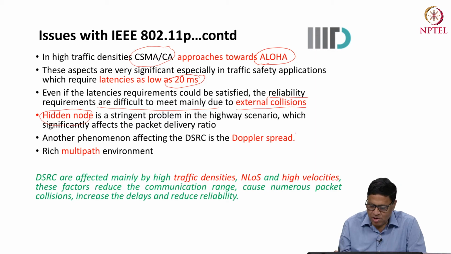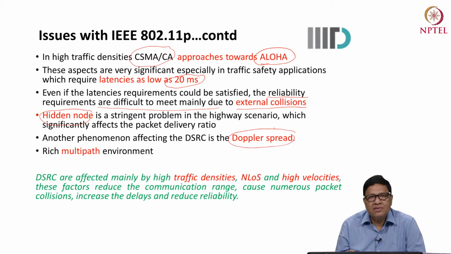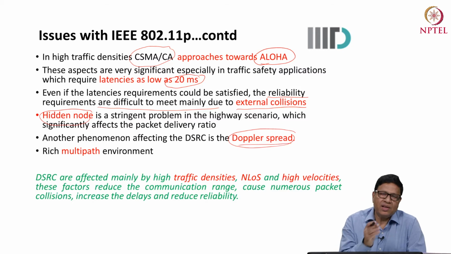Another issue is Doppler spread. Suppose you are using OFDM kind of transmission, then if the vehicles are moving at high speed, it will result in Doppler spread, and the orthogonality between the subcarriers will not be maintained because the Doppler spread will widen the spectrum.